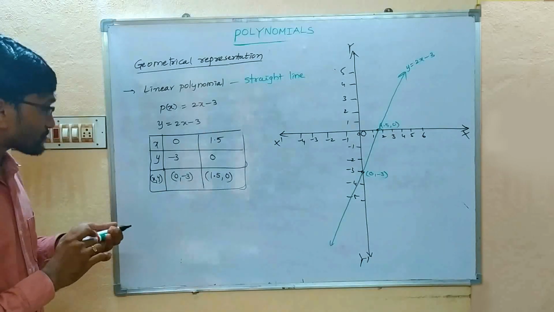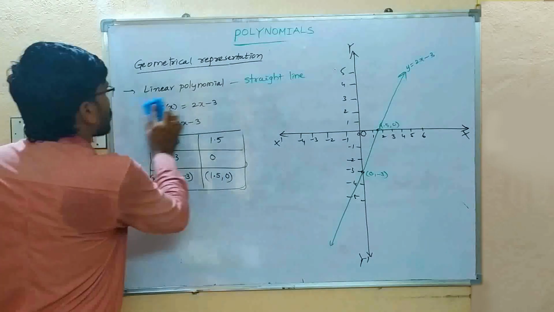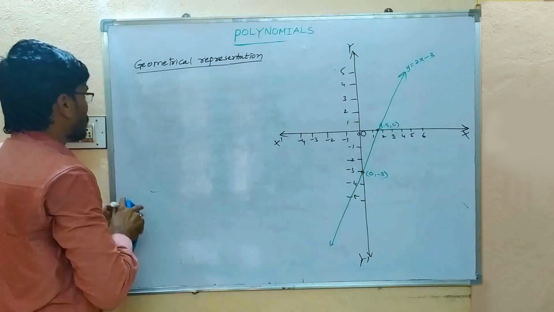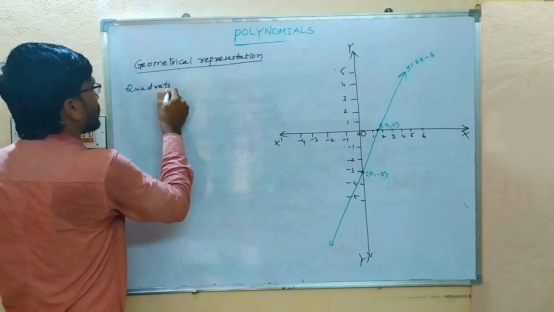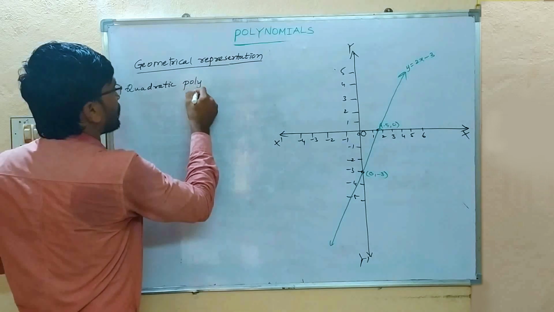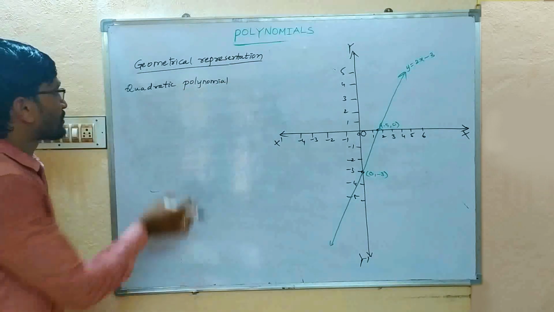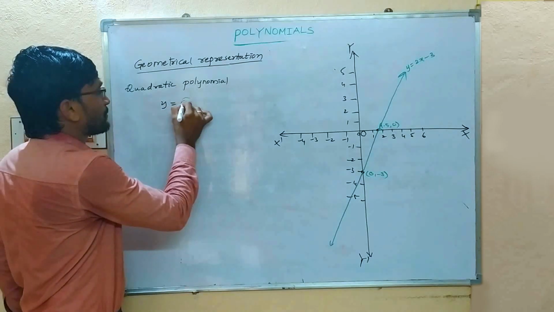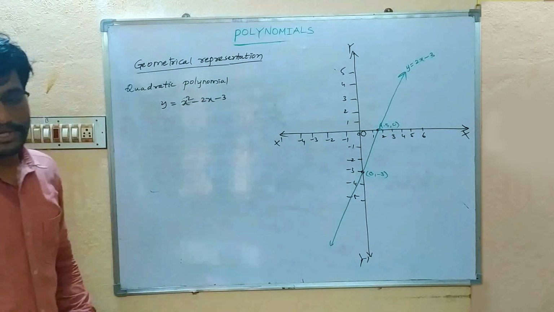Next, go for quadratic polynomial. How can we draw the graph of quadratic polynomial? So let us consider the quadratic polynomial as y is equal to x square minus 2x minus 3.